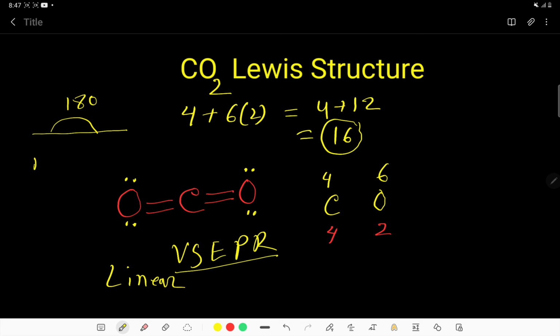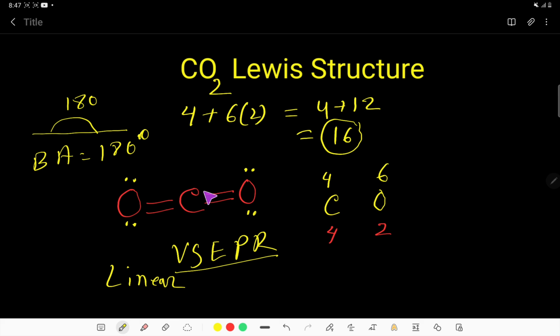So bond angle 180 degrees, right? So that's all about the CO2 Lewis structure, the hybridization of CO2 and the shape of CO2. And can you tell me, is CO2 polar or non-polar?